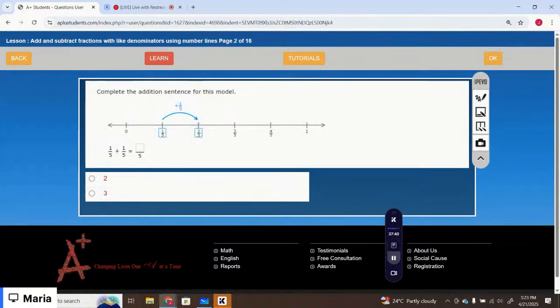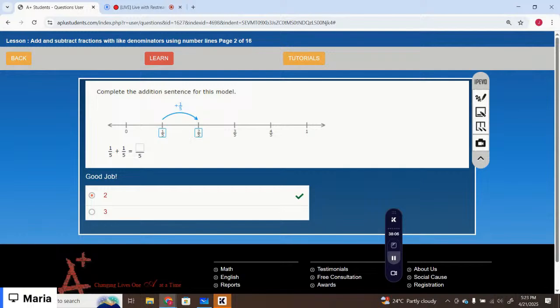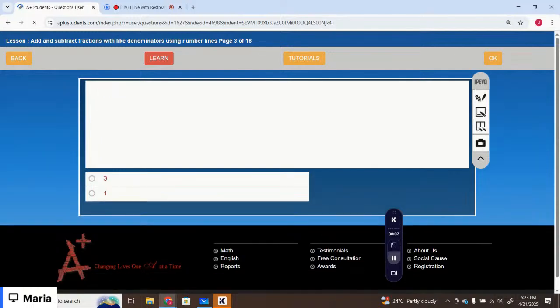Complete the addition sentence for this model. So which number is missing? The missing number is 2 by 5. Option number 1 is the correct option. Complete the addition sentence for the model.